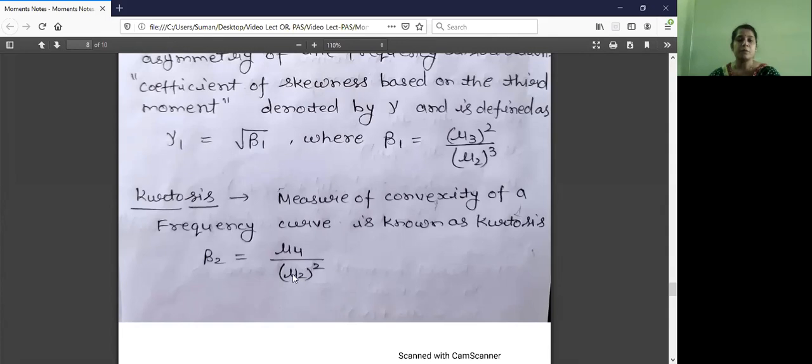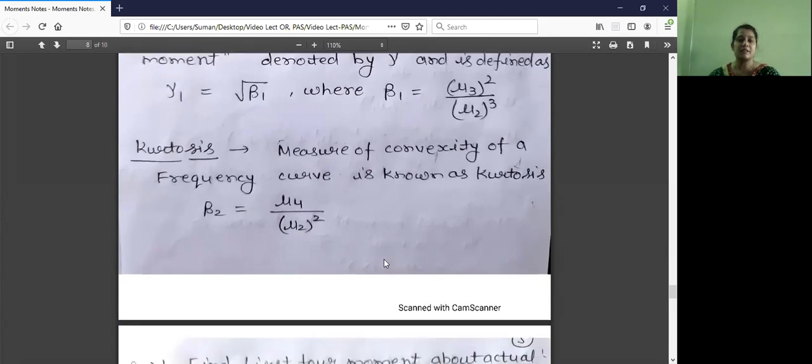Sometimes we are only given beta 1 and beta 2 to find, so don't be confused. Beta 1 is skewness and beta 2 is kurtosis.